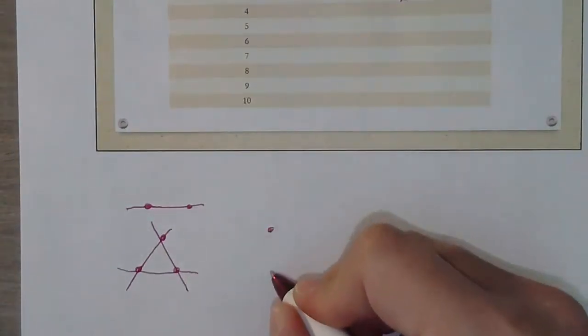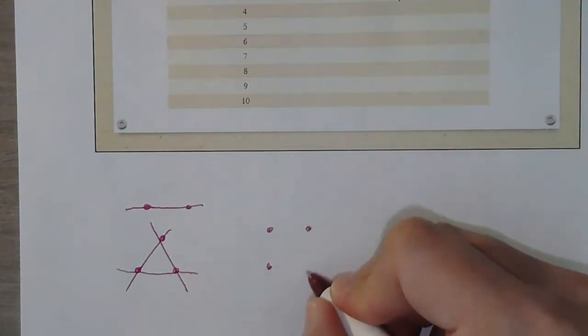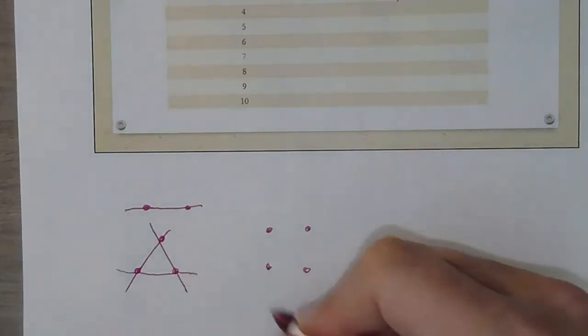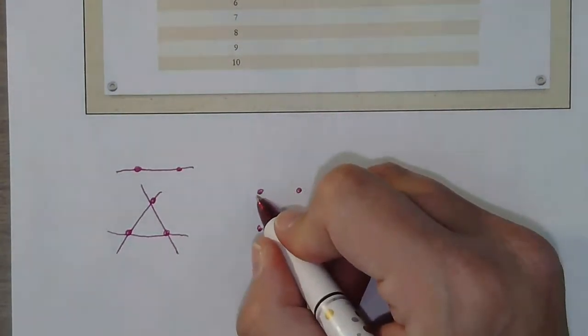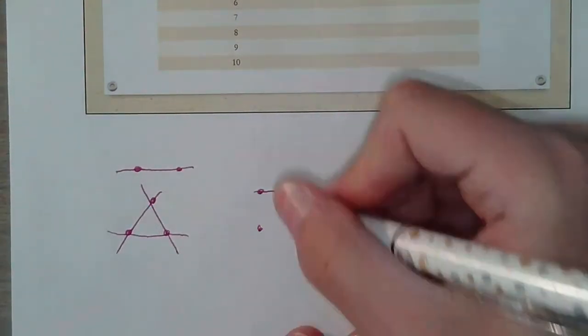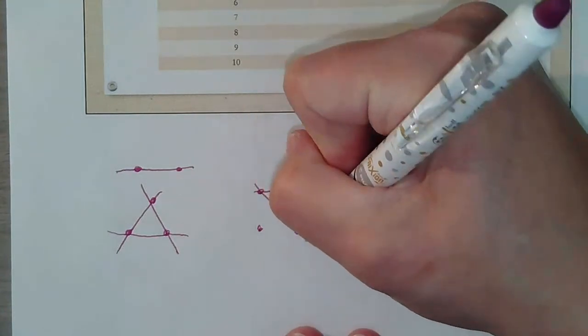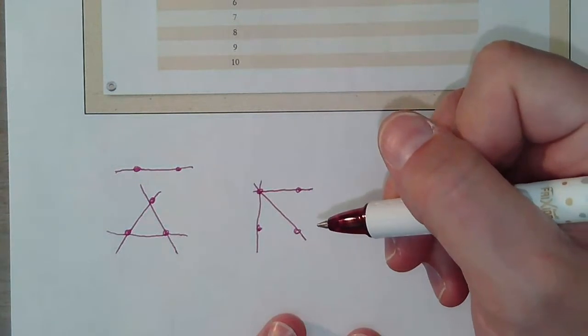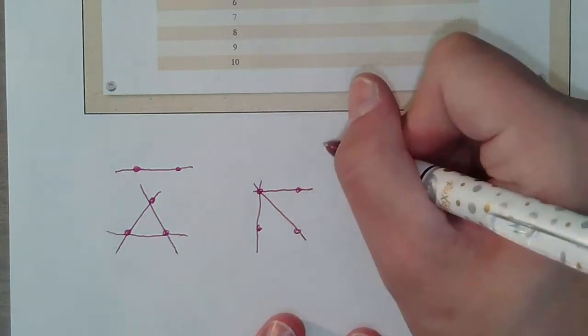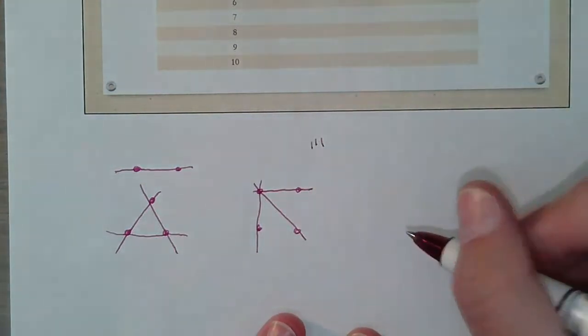Now with 4 points, and remember they can't be collinear, so I can't draw them in a straight line. This point can go here, it can go here, and it can go here. So there's 3. I'm just going to make a tally mark up here.